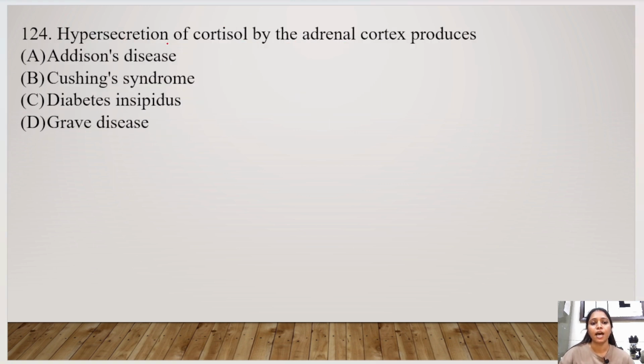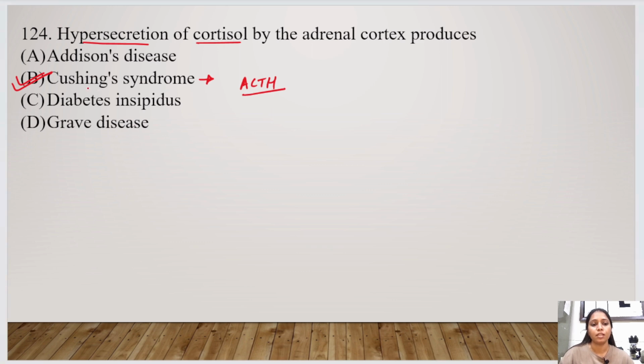In this question, the hypersecretion of cortisol by the adrenal cortex produces what? Due to hypersecretion of cortisol, this causes a syndrome which is Cushing syndrome, and it is due to a tumor in the adrenal gland or pituitary gland, because secretion of a higher amount of ACTH also increases hypersecretion of cortisol.